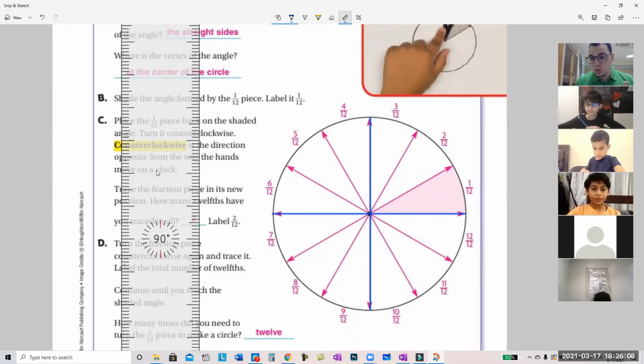Okay, now we're gonna divide it diagonally. So we're gonna draw some diagonal lines to divide each quarter into half.